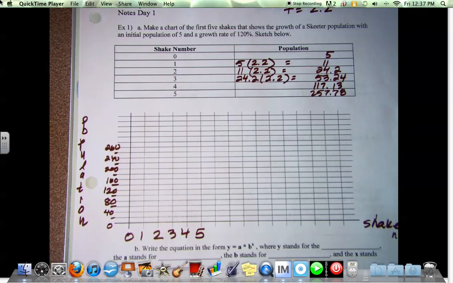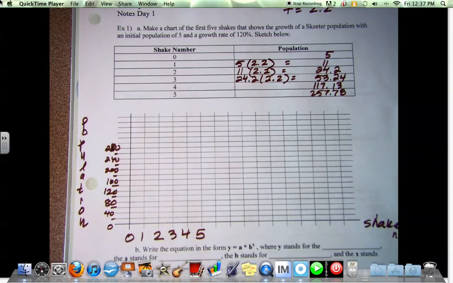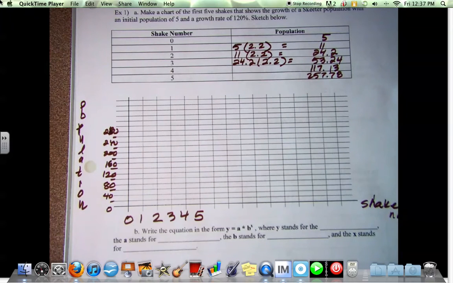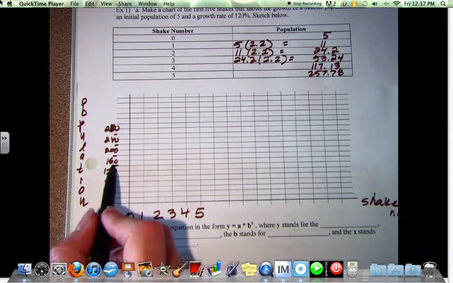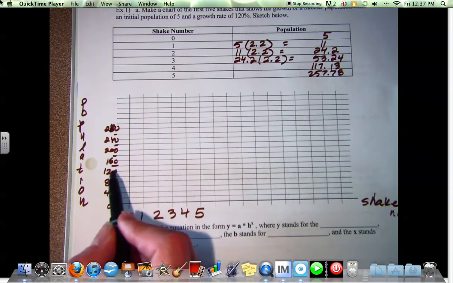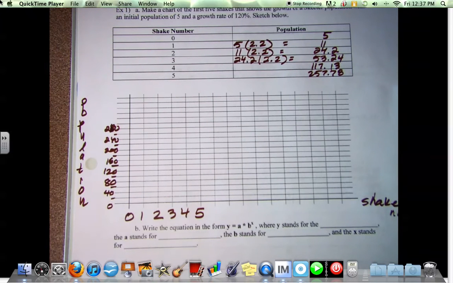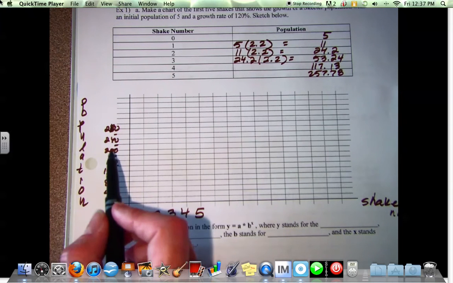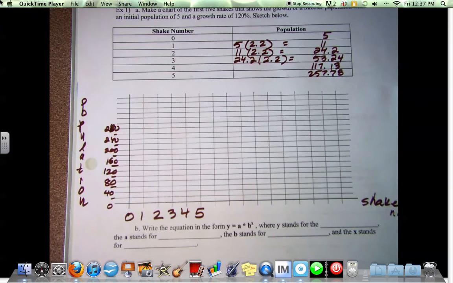Did I do it wrong? Yeah, you did that wrong. 20 to 100, then 100 to 200. That's 160. It looks like 40, 80, 120, 160, 200, 240.